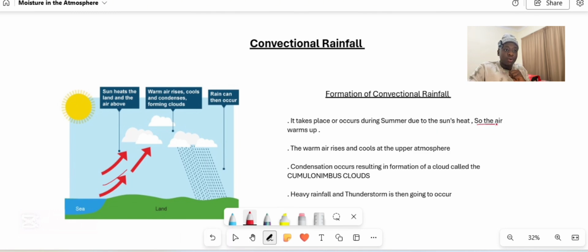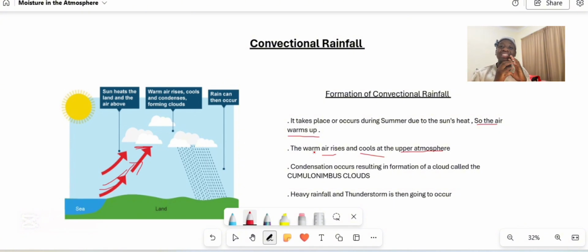As the sun heats up the earth, the air will warm up, and it will rise. The warm air rises and cools in the upper atmosphere. As you know, the higher you go, the colder it gets, so the warm air will cool when it gets to the top because it is cold.